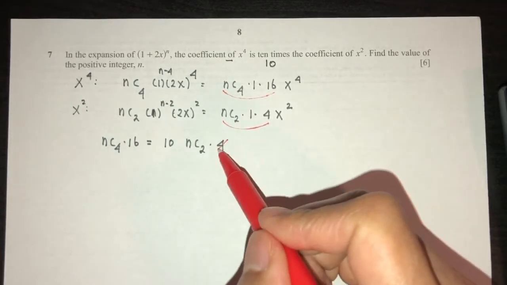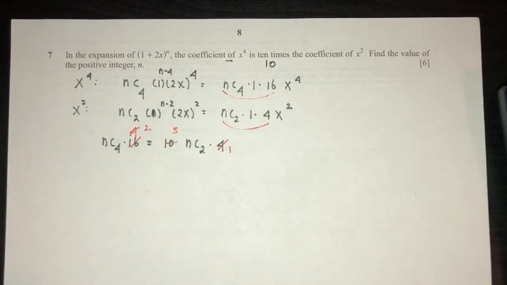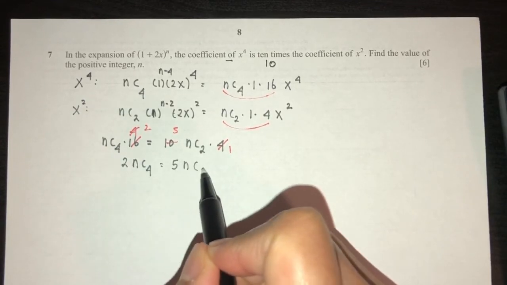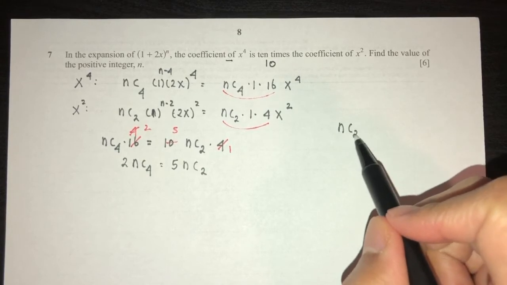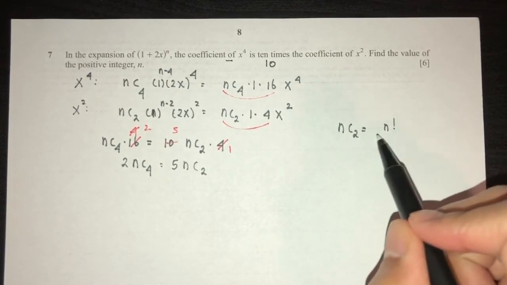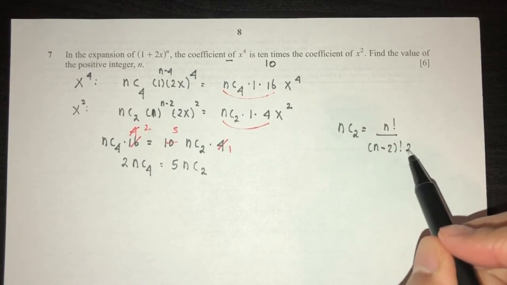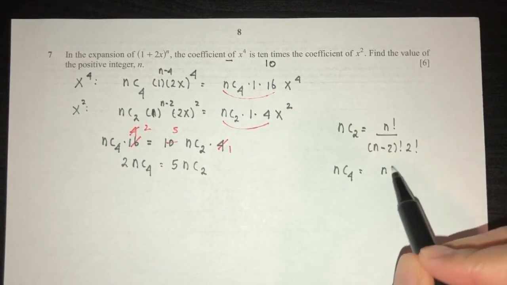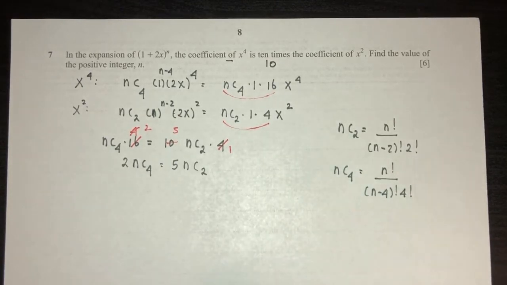So simplify, 2, that will be 5. So your answer is 2 n choose 4 is equal to 5 n choose 2. So we have to find the value of n. Now we can write this down again as other values, right? What is n choose 2? It is equal to n factorial divided by n minus 2 factorial times 2 factorial. What is n choose 4? It is n factorial over n minus 4 factorial times 4 factorial. Replace the values.